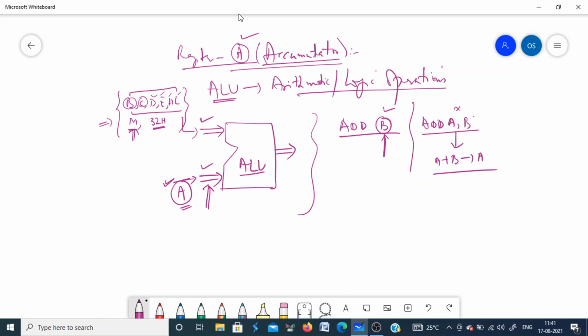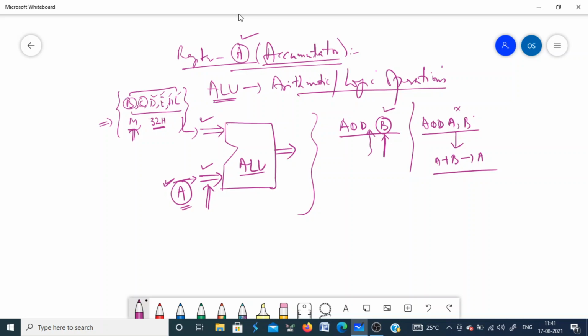Whenever it is an arithmetic operation, the first operand is always in accumulator A. That is why in these instructions the second operand A is implicit.